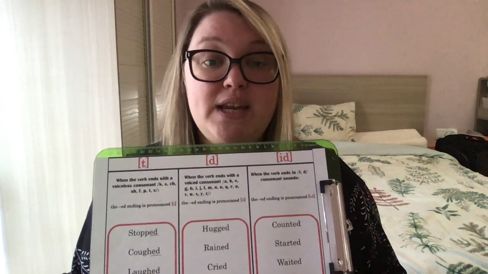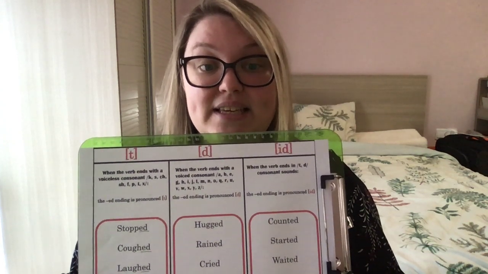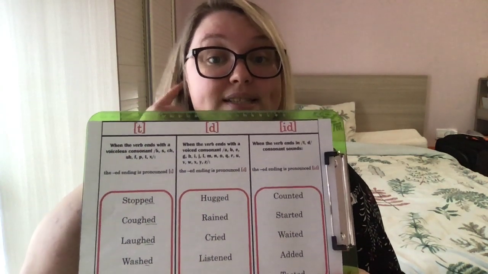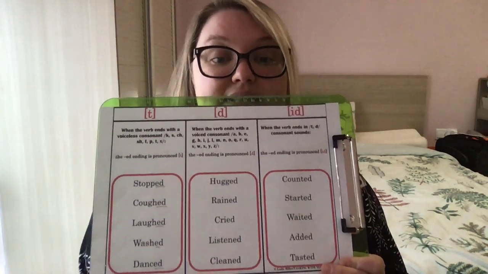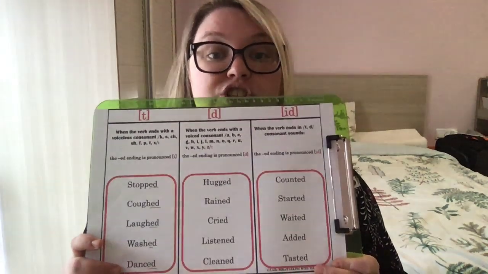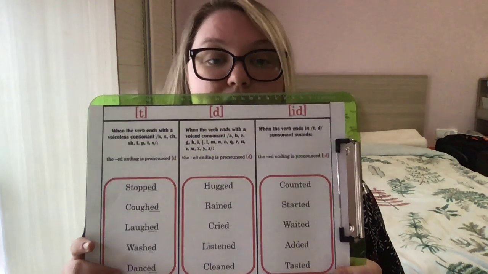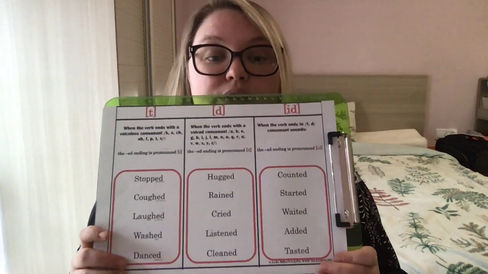There will be a video to talk about voiceless T. So anything whose end sound is K, S, CH, SH, F, P, T, or X will make a T sound.